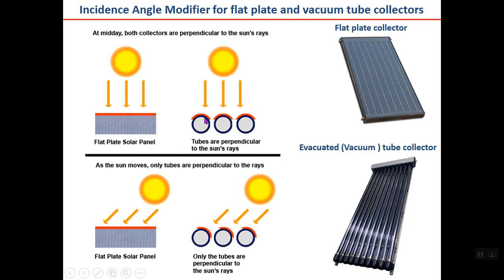Because the collector tubes are circular, in any case, whether the sun is here or here, the sun is always normal to the circle. So you may expect that the angle of the sun has no effect on vacuum tube solar collectors, unlike the one you can see here on the left for flat plate collectors. And actually this is true.